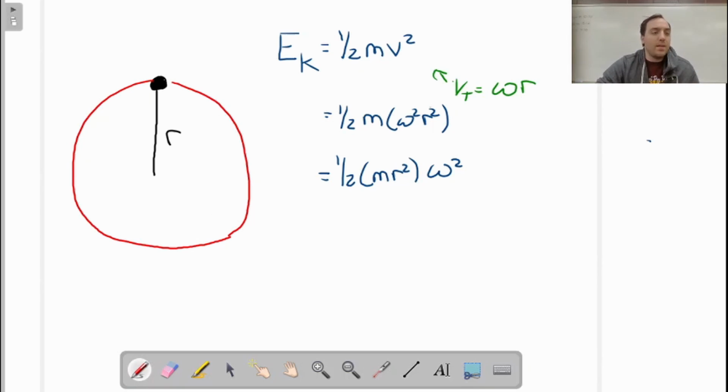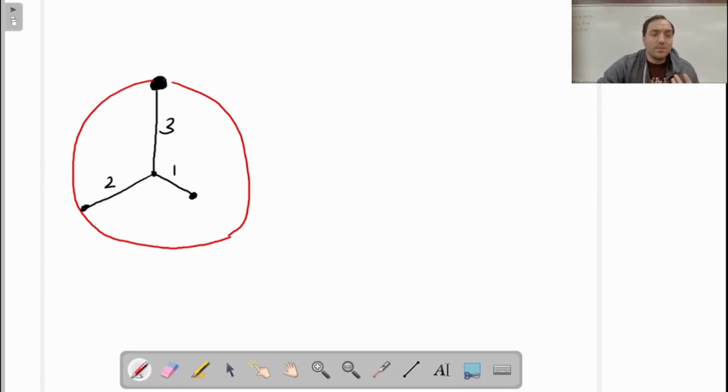But what about if we had multiple masses? Instead of just having one mass, what if we had, say, 3? In this case, each of these masses are spinning in a circle around the center point, but they're all different distances. So the 3 masses spinning, again, we're going to ignore the things that are tying them to the spinning part, would each have their own kinetic energy.